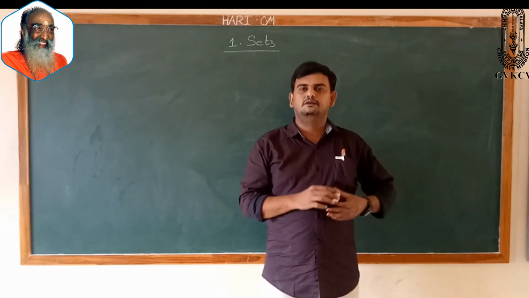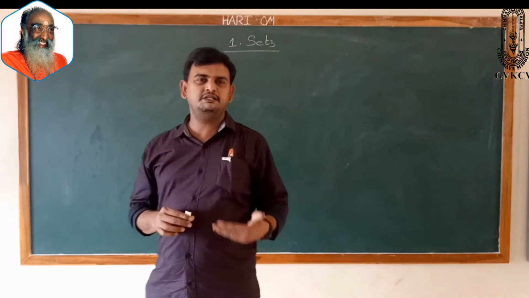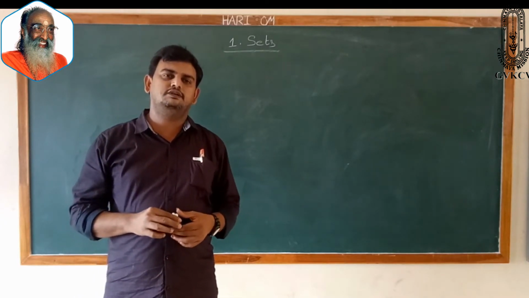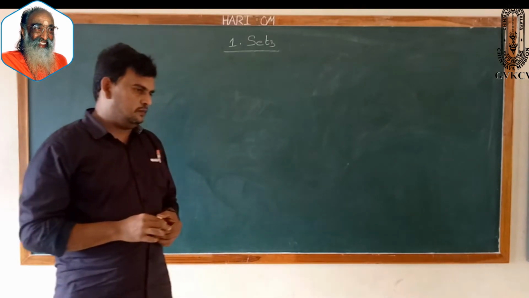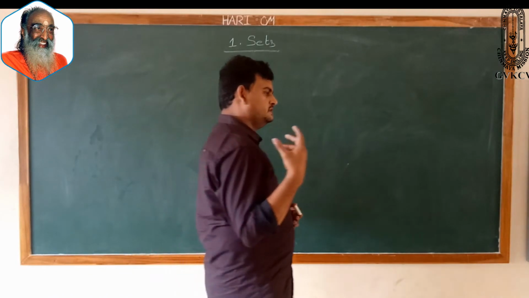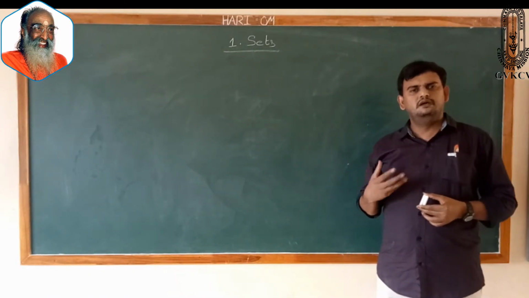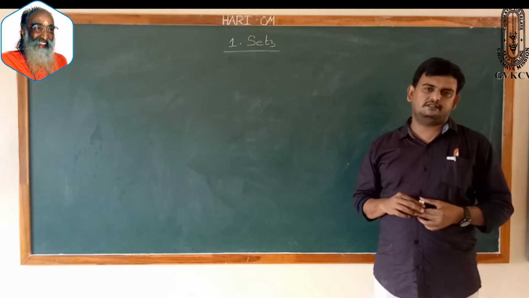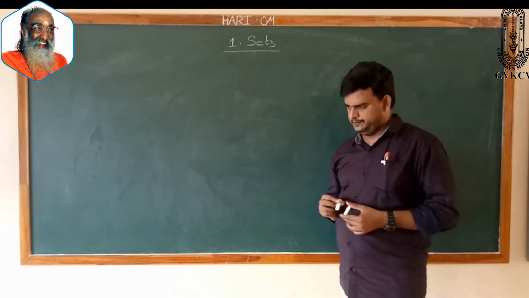In one class we learned about natural numbers, in another class we learned about whole numbers, integers, rational numbers, irrational numbers, and finally in class 10 we learned about real numbers. Now, the numbers can be represented in different ways. What are the different ways of representing the numbers?